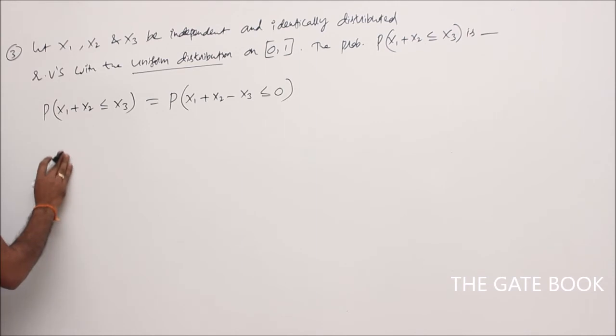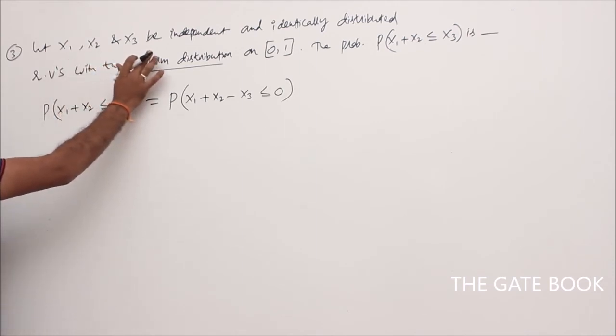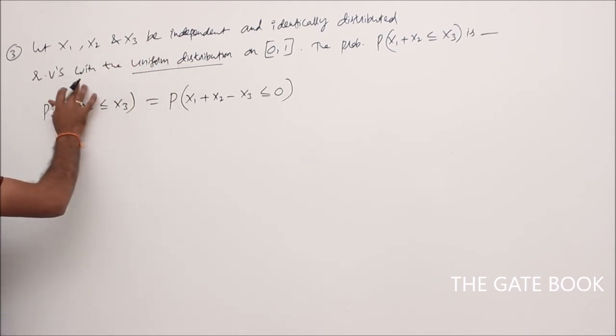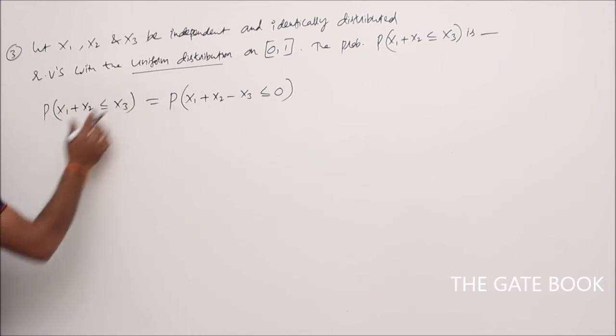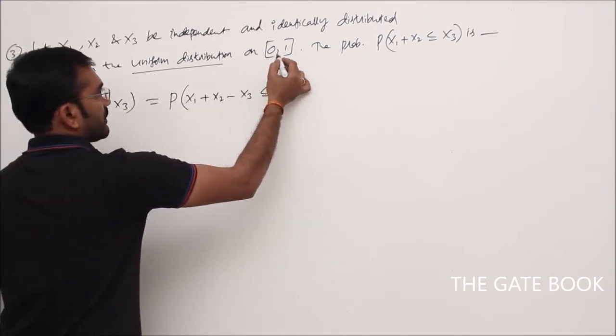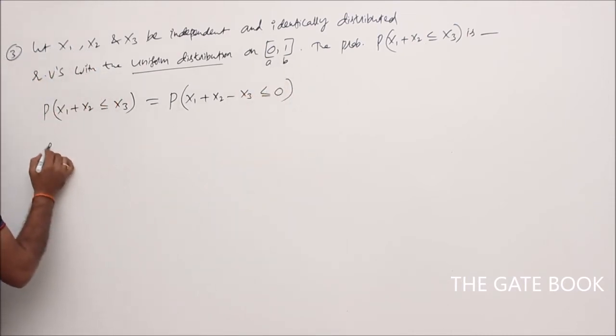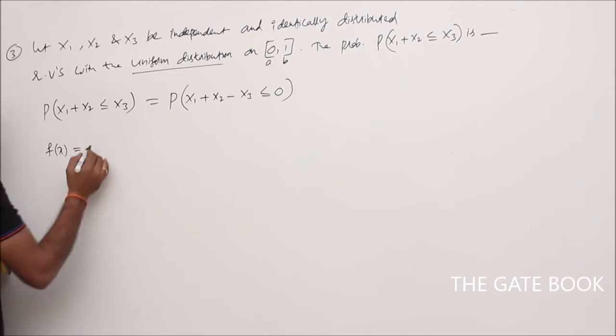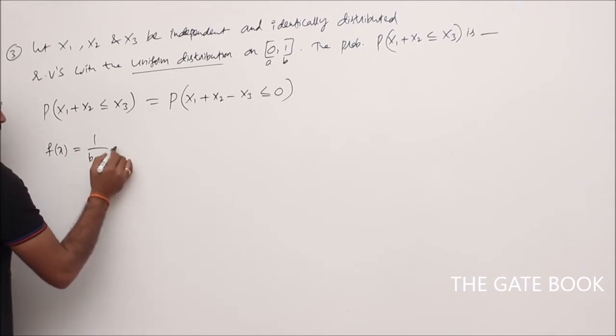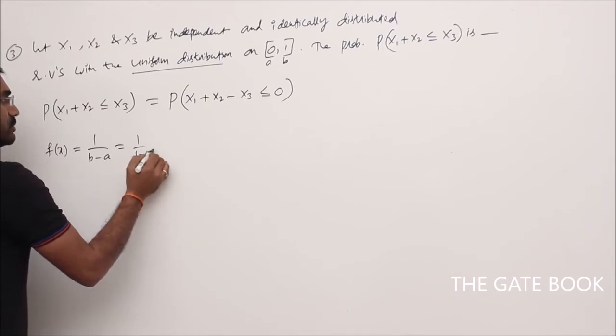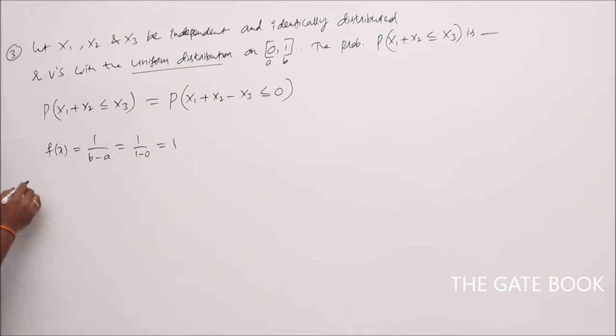Now, x1, x2, x3 are independent and identically distributed random variables with uniform distribution. Here the interval is given as 0, 1, so a value is 0 and b is equal to 1. The corresponding PDF of the uniform distribution is 1 by (b minus a), so we get 1 by (1 minus 0), which is equal to 1. Now, what is the E of x1, the mean or average or expectation of x1?